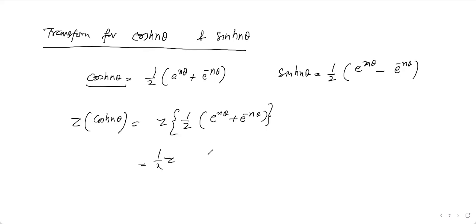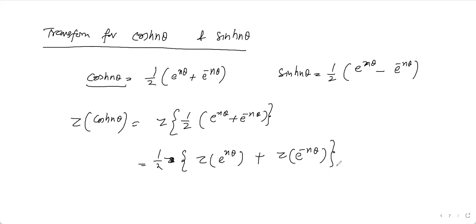So we get half of Z of e to the power of n theta plus Z of e to the power of minus n theta, right?